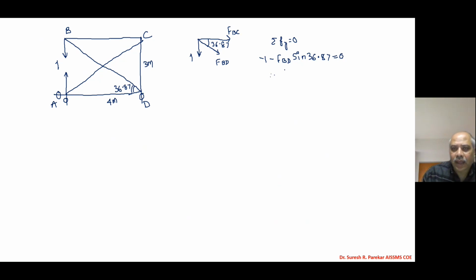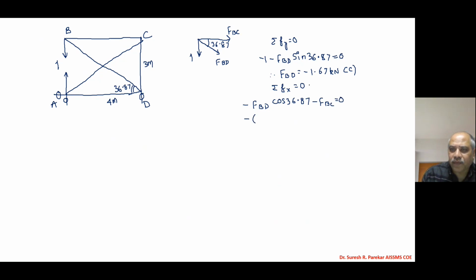therefore FBD equal to minus 1.67 kilonewtons. This is compression. Then we will have summation Fx equal to 0. So we have minus FBD cos 36.87 minus FBC equal to 0.